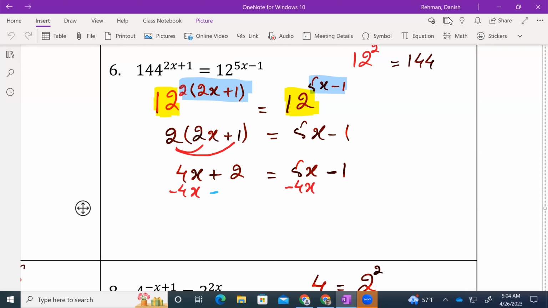No, add a 1 also on both sides. When you add a 1 on both sides, from the left hand side, this plus 1 minus 1 will be a 0, so gone. 4x minus 4x is also a 0, that's gone. What are we left with? x equals 3. And that's your answer. That's how you will solve it.